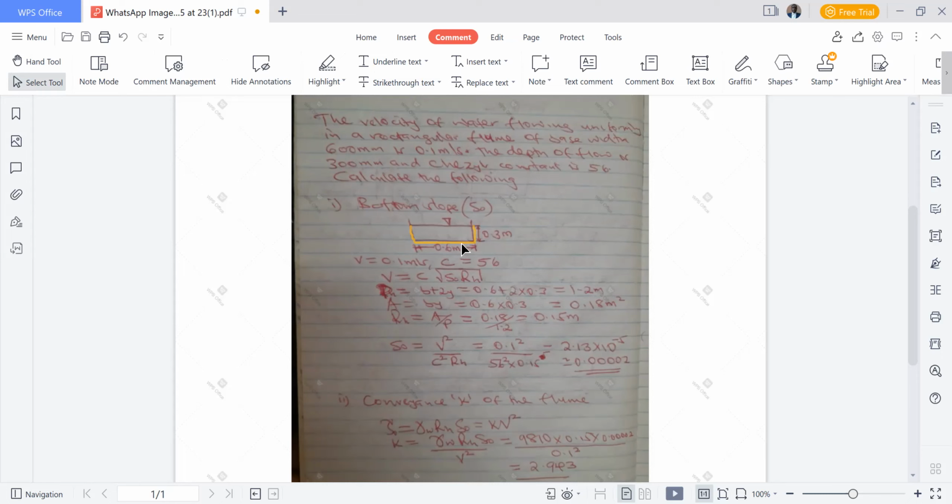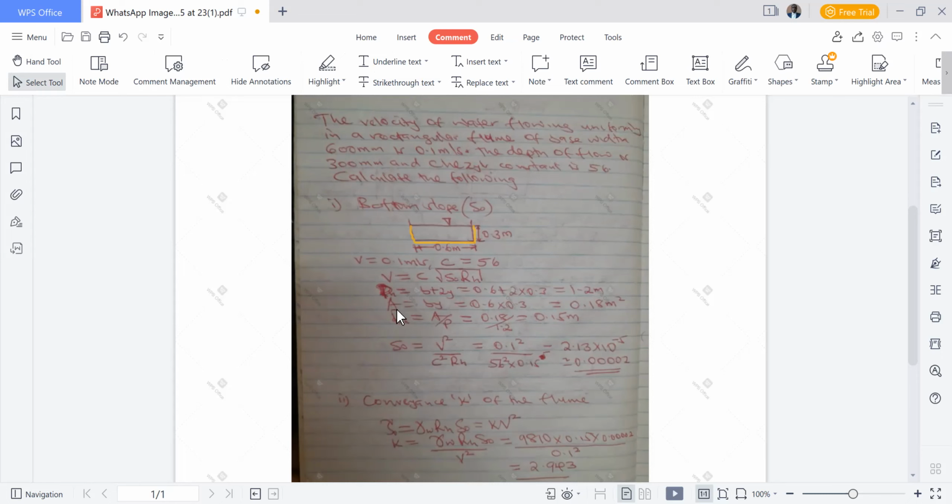This is B. Then we have Y and another Y. So it makes it B plus 2Y. We can substitute and say 0.6 plus 2 times 0.3 is equivalent to 1.2 meter.